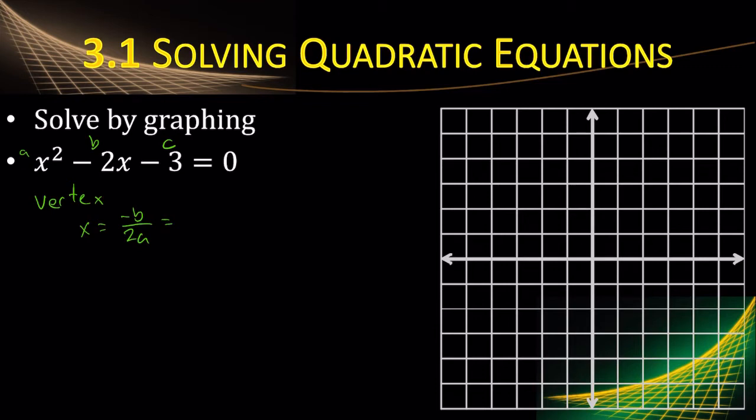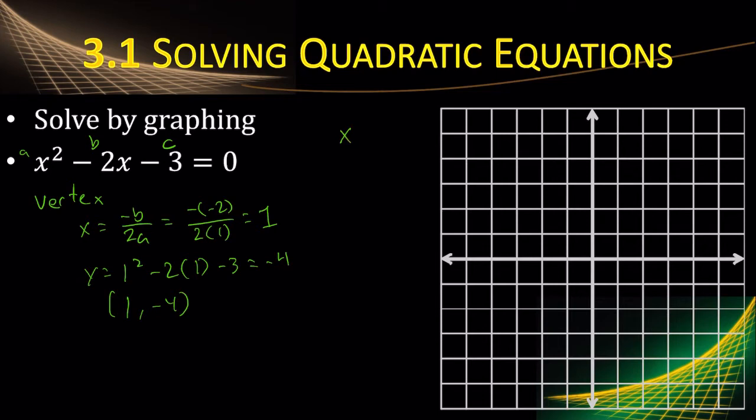So that would be negative negative 2 over 2 times 1, which is 1. So our vertex is at x equals 1. And then we could plug it back in to find the y. So I'm plugging it into the equation to find the y value. So that is negative 4. So our vertex is at 1, negative 4.